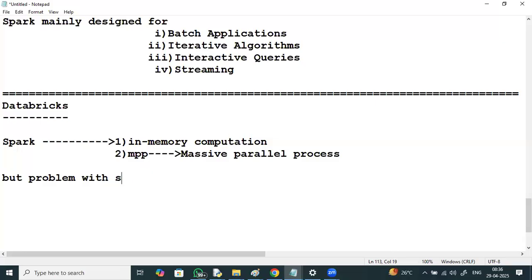But here is the problem with Spark: independently, it cannot run.